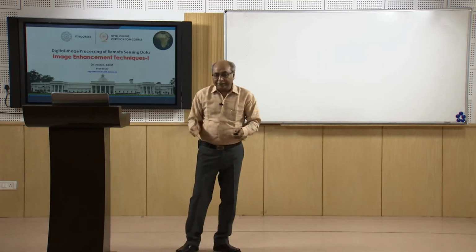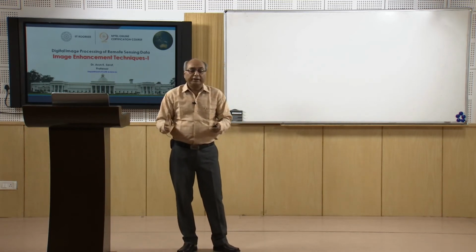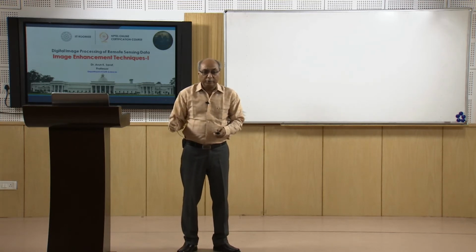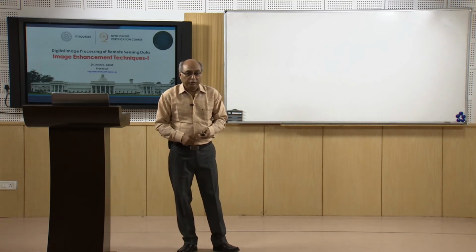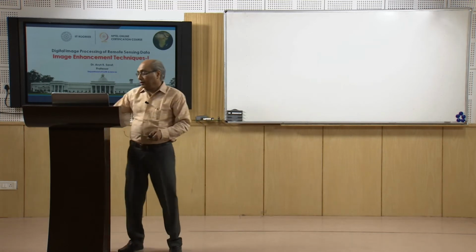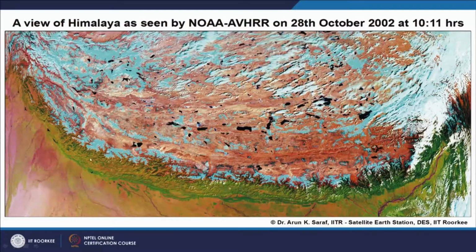If it has a relatively coarser resolution, then it will cover a very large part of the earth, like in this case the entire Himalaya, about 3000 kilometer in length, which you can see here in just one scene without any mosaic.